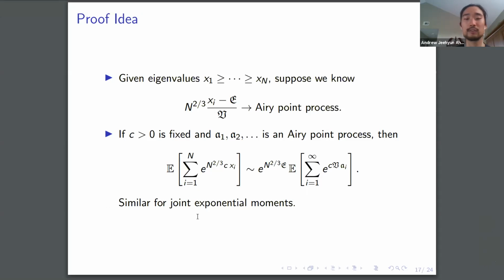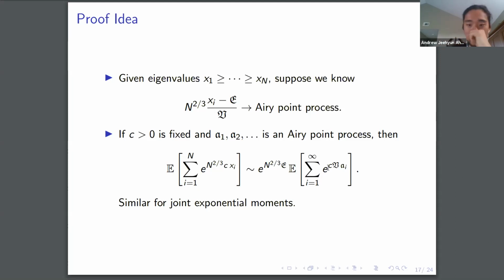And there's a more general statement. You can take joint exponential moments instead of just single exponential moments, and there'll be a statement that taking the appropriate expectation, tuning the parameters by n to the 2/3, should behave like the corresponding thing on the side of the Airy point process.